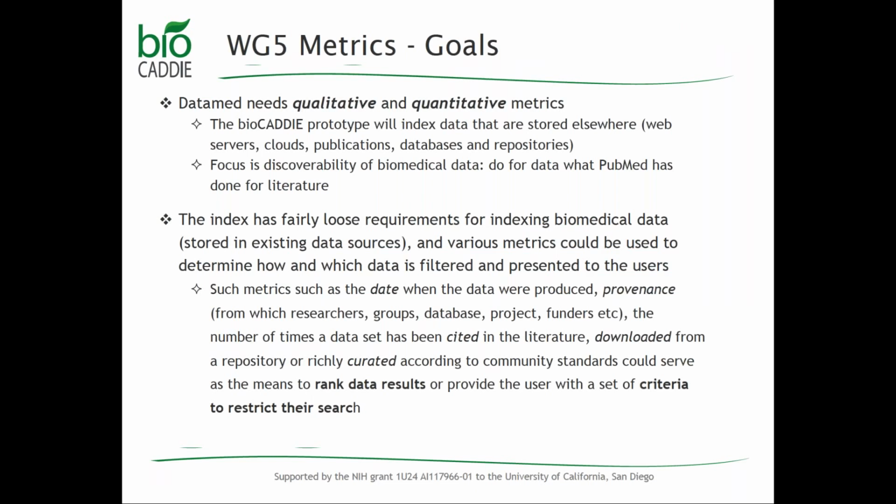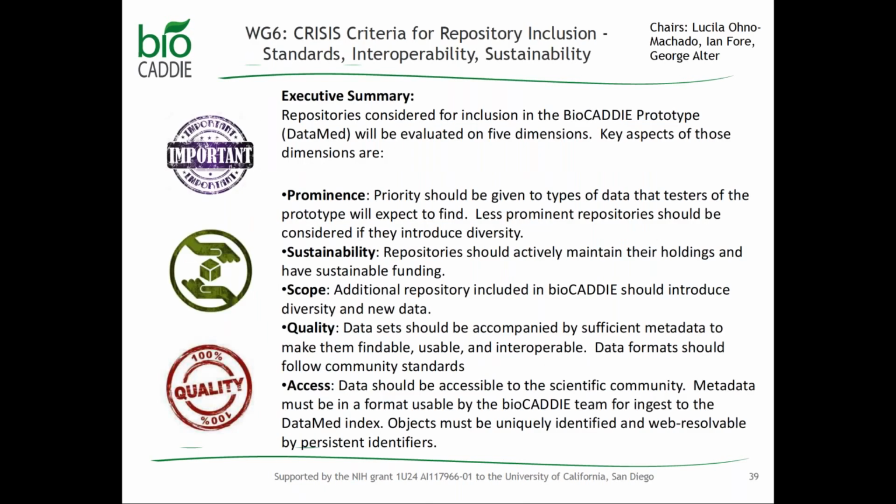And the goals were to have qualitative and quantitative metrics that would talk about issues such as when the data were produced, provenance, downloads, and then rank results and criteria to restrict search that could depend on such metrics. For example, the most popular data sets, that is, the most downloaded, and so on. So this group dealt specifically with this issue, and the report is also available online.